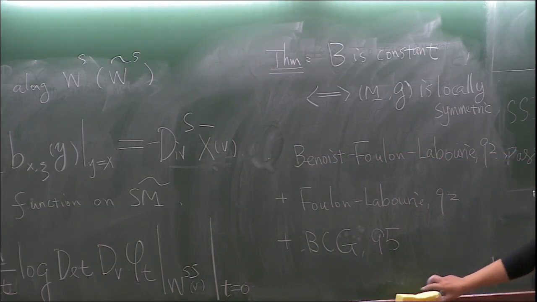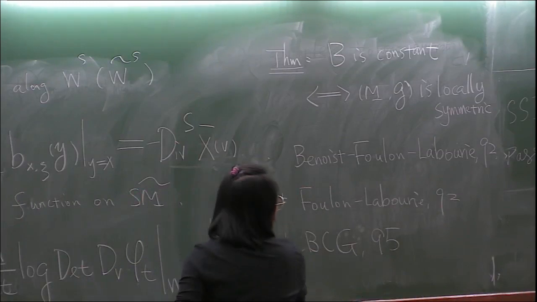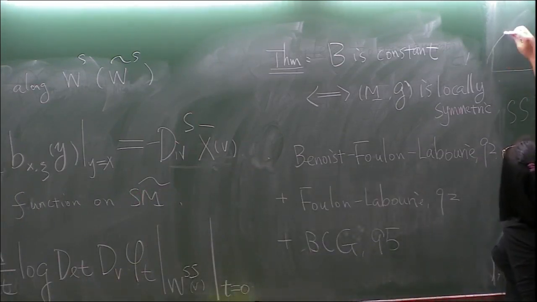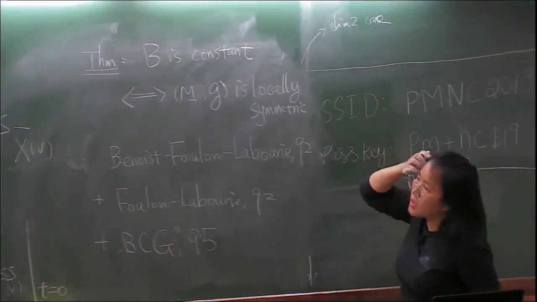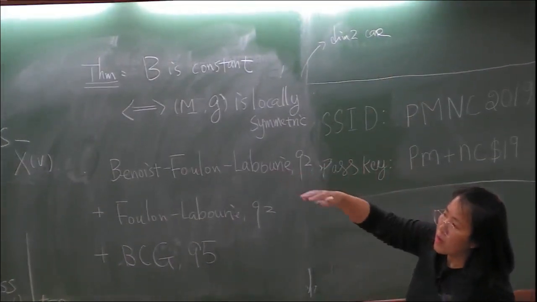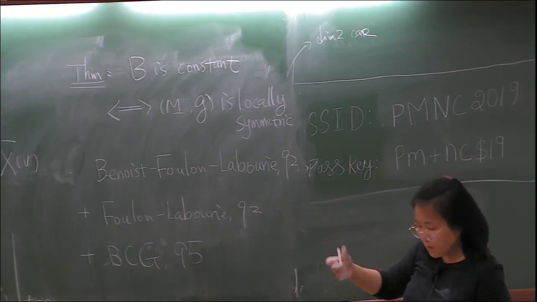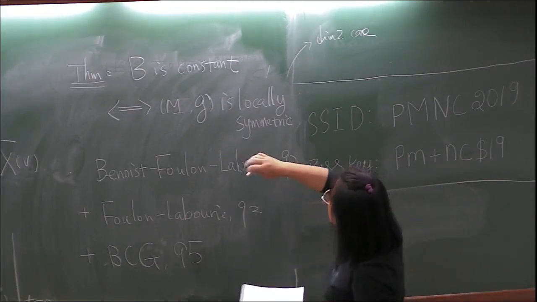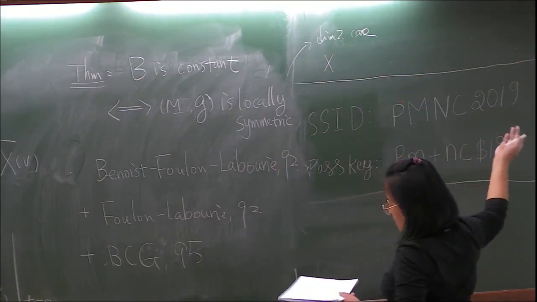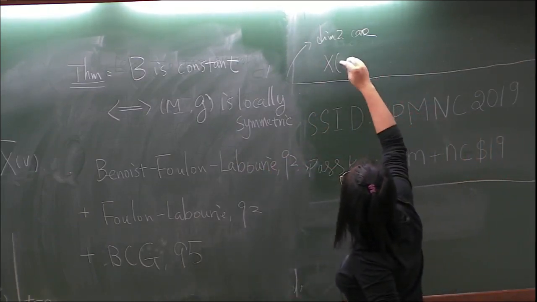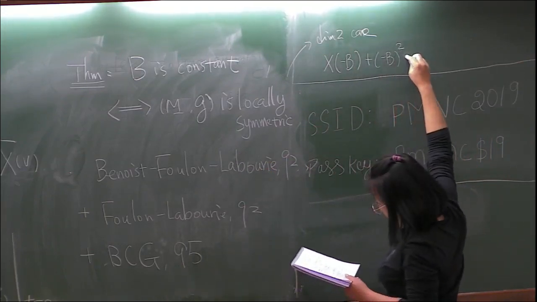So actually for the dimension 2 case, you can see this immediately. The dimension 2 case is simpler, because in this case, for the Jacobian equation, you also have the Riccati equation version, okay? So you see this B satisfies, in the geodesic direction, B' equals minus B squared, plus what?